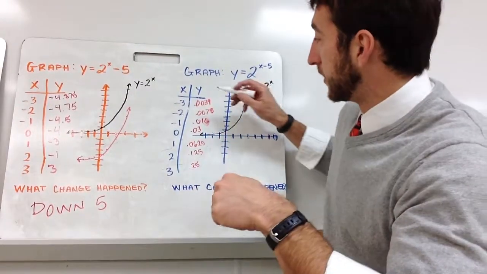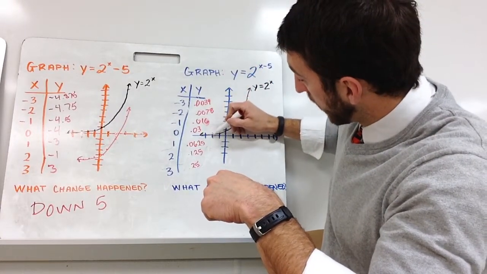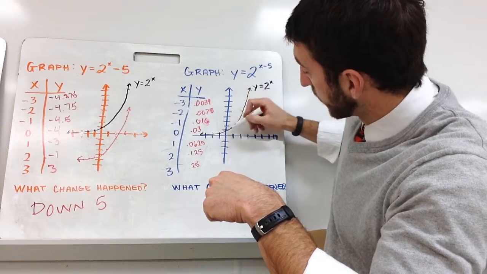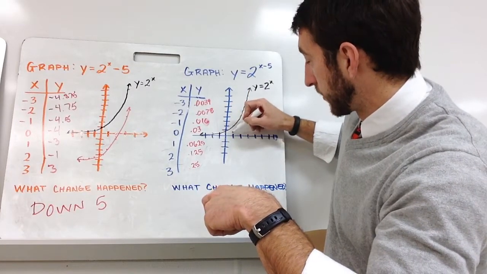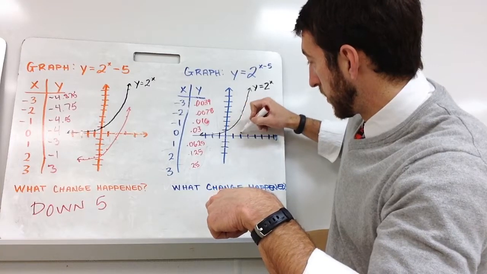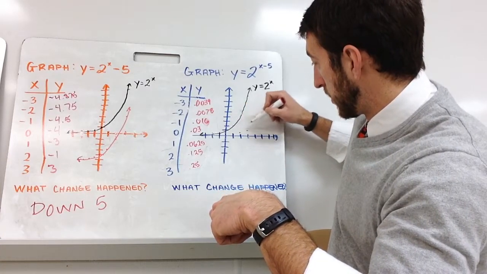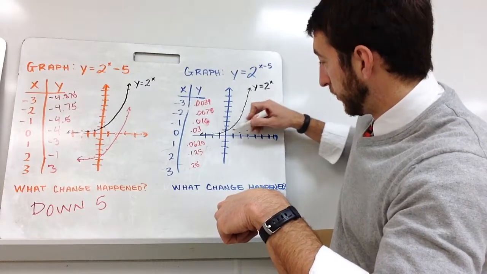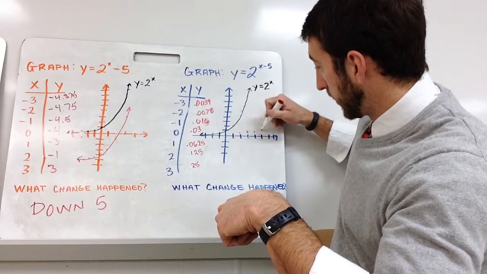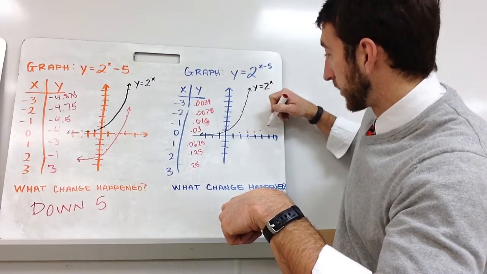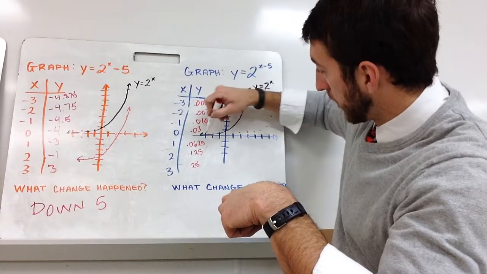So what's happened is, at negative 3, it's really small. So we got all these really, really small numbers. Now if it continued, my next point would be 0.5, and then I'd get 1, and then I would get 2, and then 4.